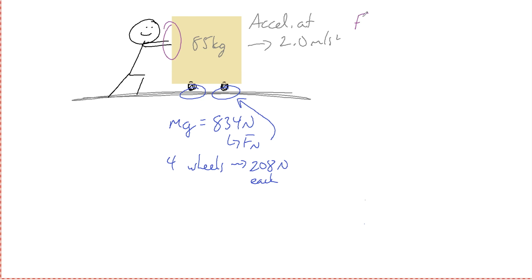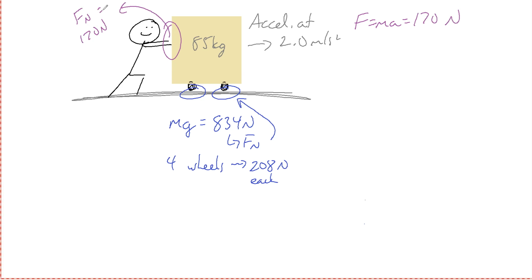If you did the basic F equals ma, you get 85 times 2 meters per second squared, which is 170 newtons of force. That is coming from the guy pushing on the box. In fact, that would be the Fn right here. The Fn would be 170 newtons between his hands and the box.